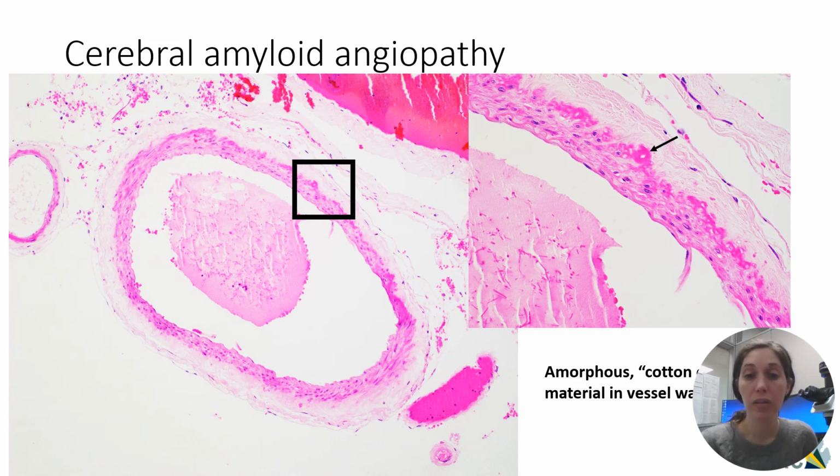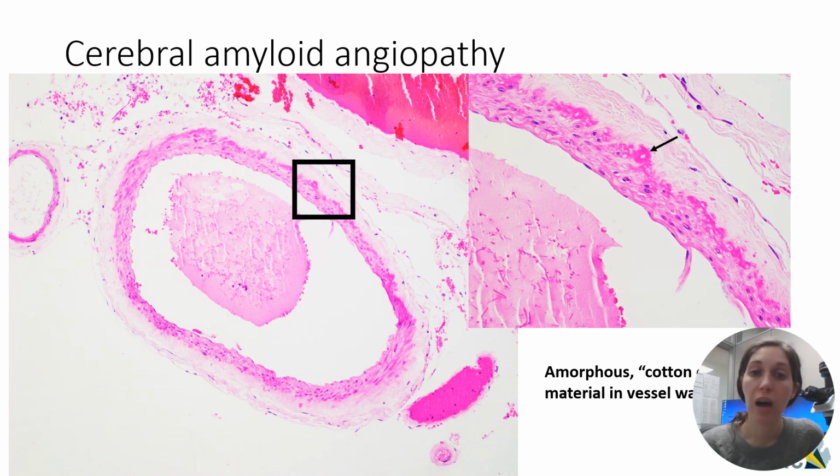All right, so what does cerebral amyloid angiopathy look like under the microscope? So on the left is a low power view of a large leptomeningeal vessel. This is an artery, and this is an H&E, so that is our kind of standard stain that we use in pathology just to show some of the cellular detail. And in this stain, the cytoplasm of cells is usually pink and then the nucleus is blue.